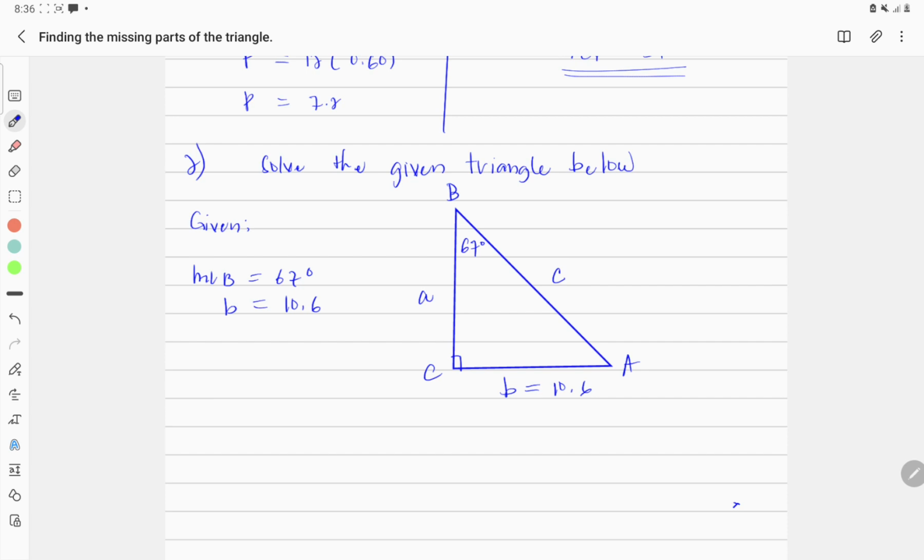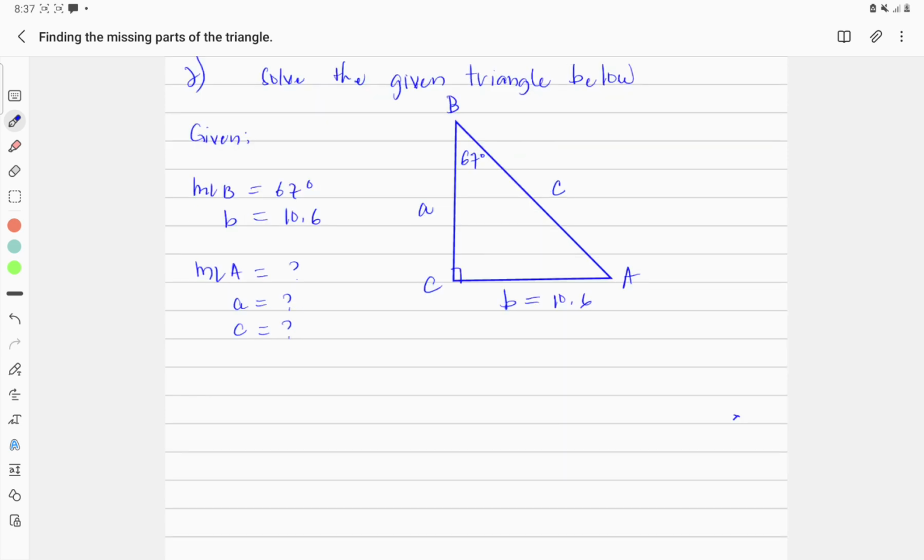In here we need to find the measure of angle A, and also the measure of side A and side C.